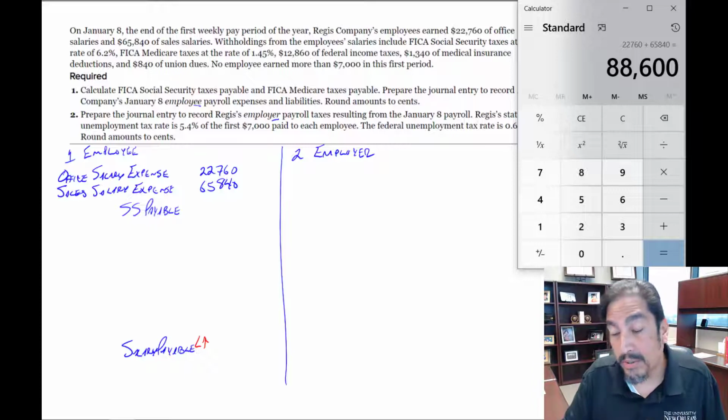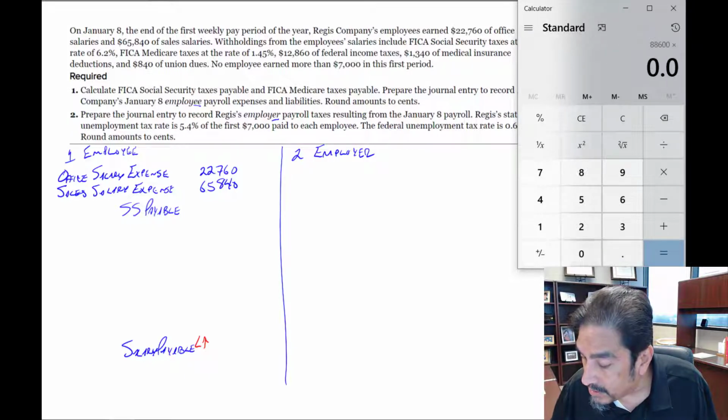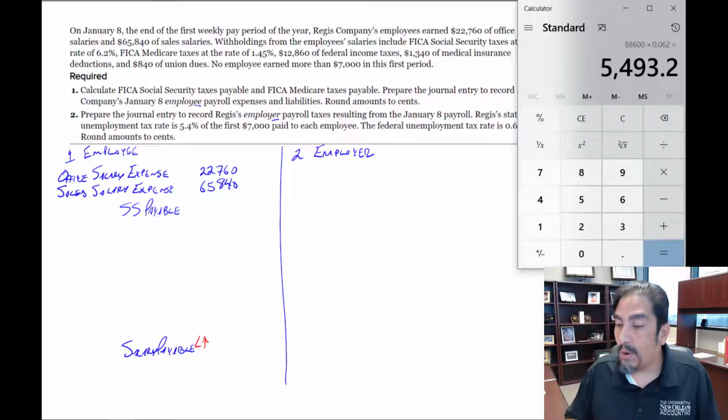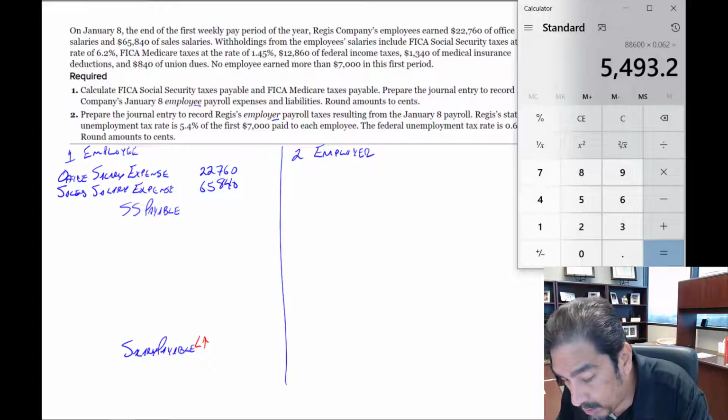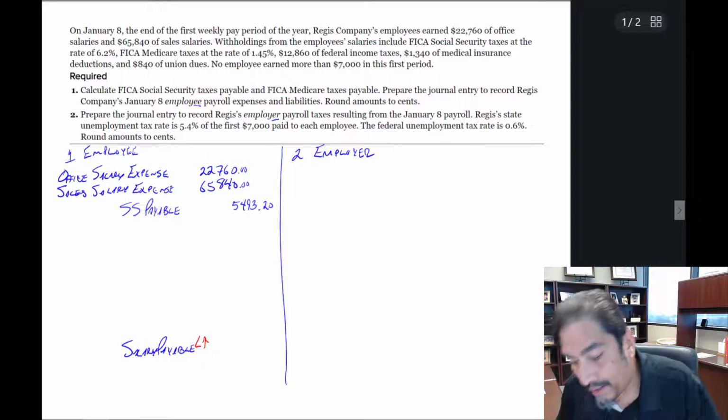So the threshold doesn't apply here. All of the salary is going to be subject to 6.2%, times 0.062 for Social Security, $5,493.20.